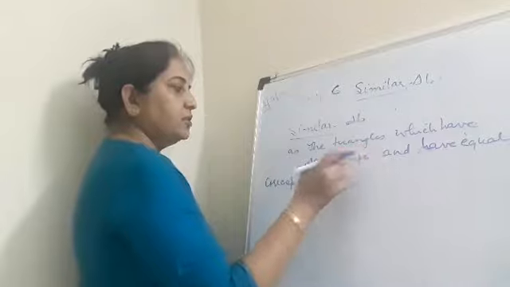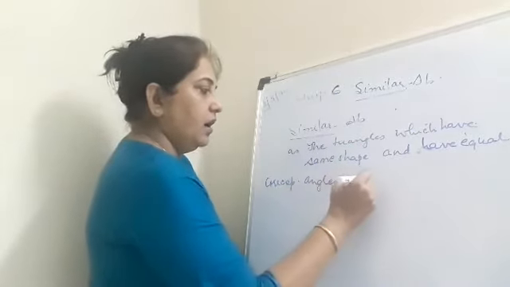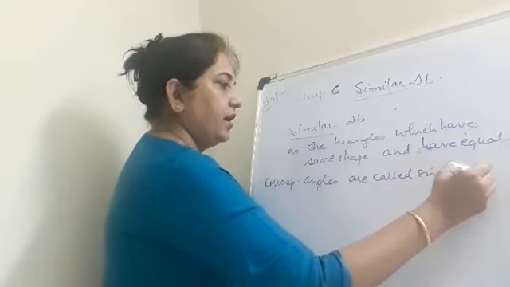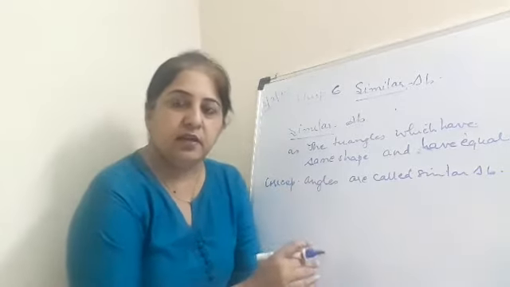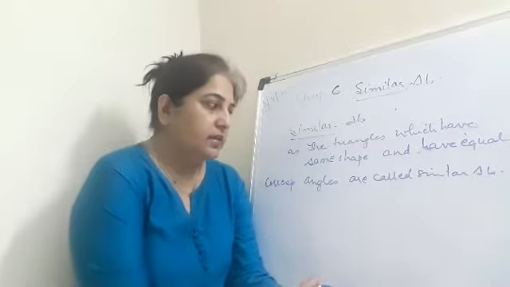The triangles which have the same shape and have equal corresponding angles are called similar triangles. And I told you that the angles are equal. If one of the angles of the triangle changes, then the shape will not be the same, and therefore they will not be similar.